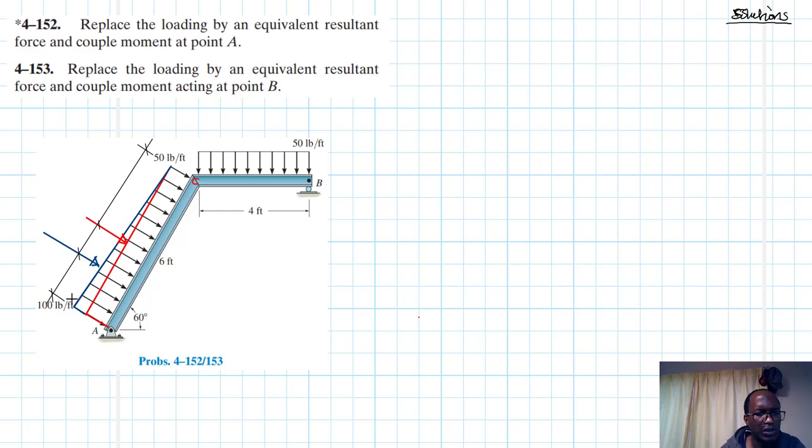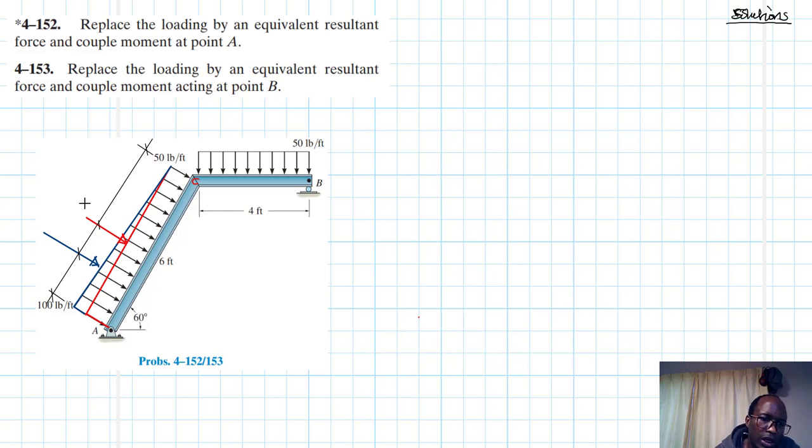Because these forces are already perpendicular to this particular member or to the lever arm, so moments will be taken the way they are when we are taking moment about point A. But when we are taking moments about point B, we do need some components. Great.